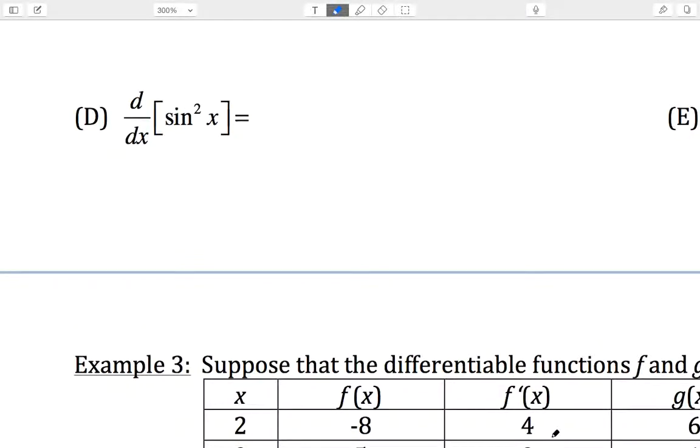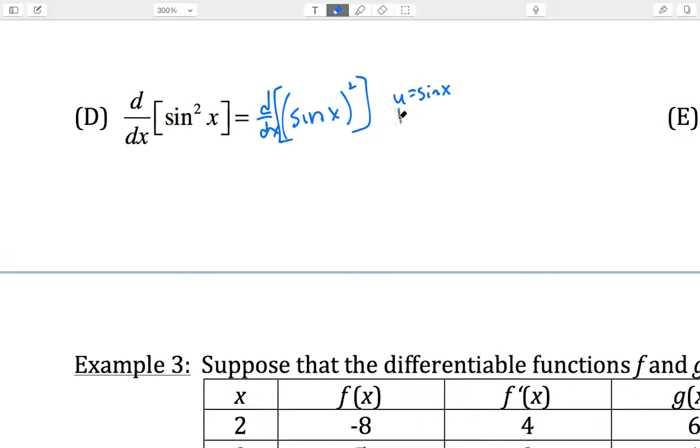D. All right. So what is u here? This is d/dx of sine x, squared. Right? That squared goes with the sine, not with the x. Correct? Okay. So u is sine x.